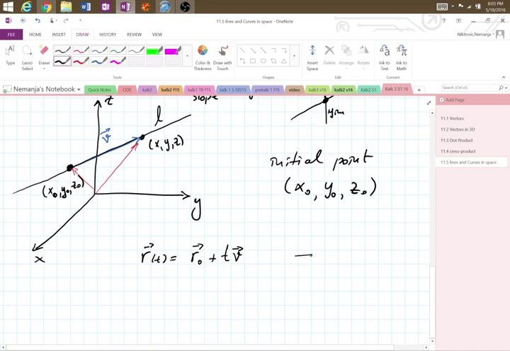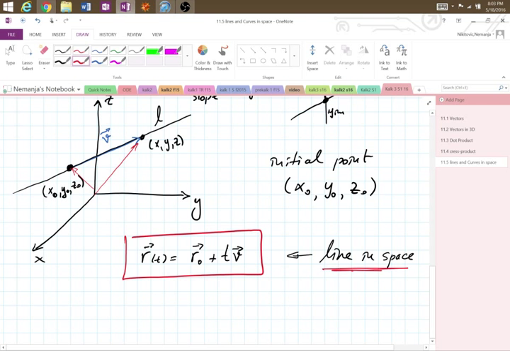And I claim this is the line in space. Should have done it in red, but I can put the red box around it and also underline that one. It's a vector equation. Does that only work in 3D, or is it the same equation with two points with different dimensions? All dimensions. This is any dimension.